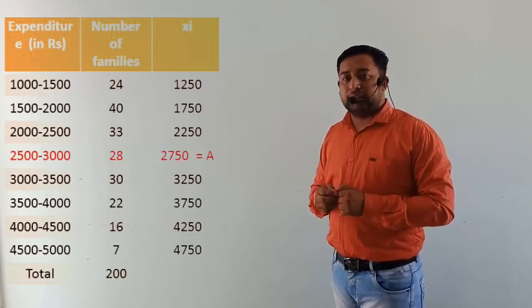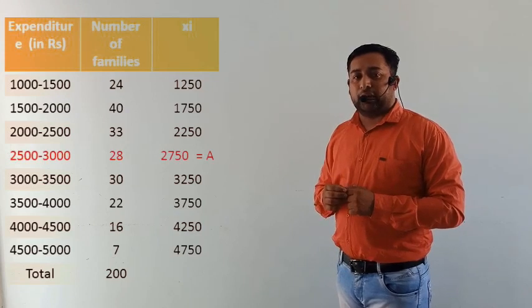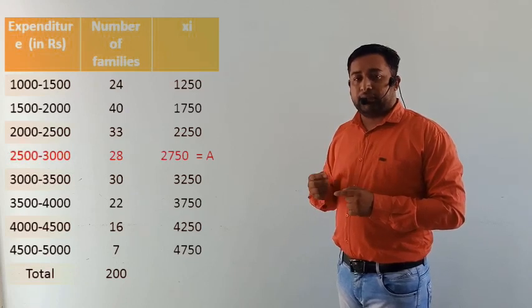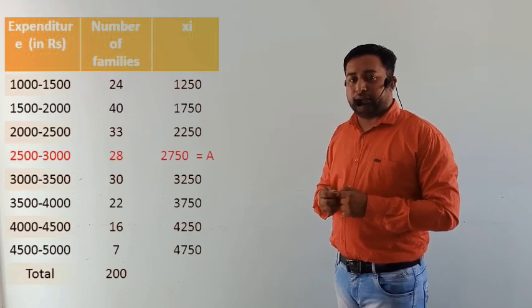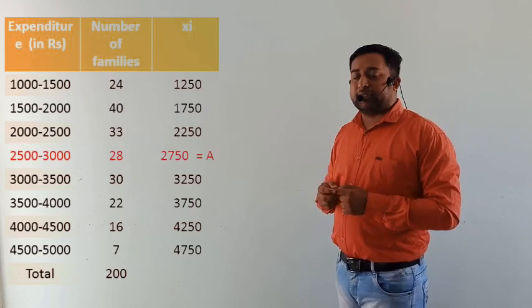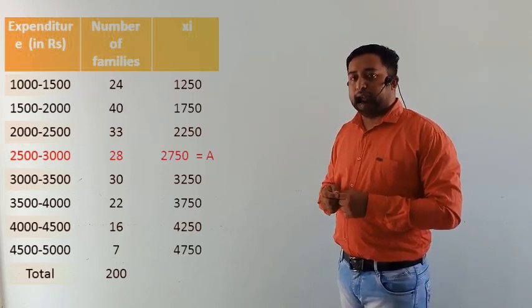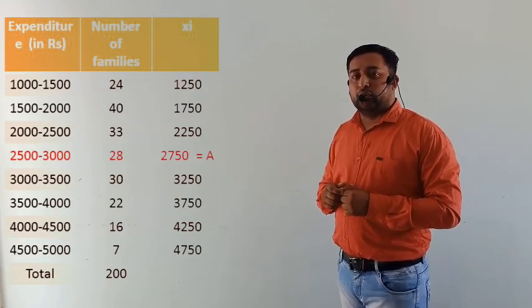But before that, let's find our sum of frequencies, that means sigma fi. 24 plus 40 is 64, plus 33 is 97, plus 28 is 125, plus 30 is 155, plus 22 is 177, plus 16 is 193, plus 7 is 200. So our sigma fi, or sum of frequencies, is 200.